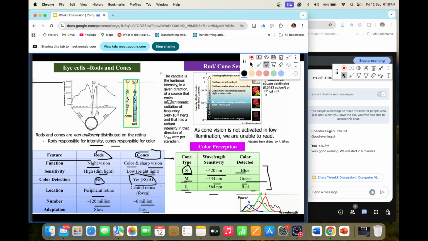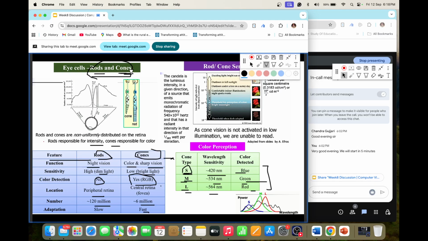So there are only two things in this slide. We have two photoreceptor cells: one is known as the rod cell, and the other is the cone cell. The rod cell is responsible for the intensity of the color. The cone cell is important for the color of the pixels. The rod cell's function is night vision, and the cone cell is for seeing color and sharp vision.